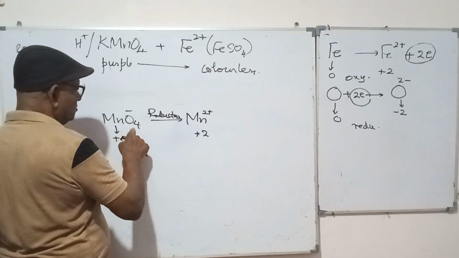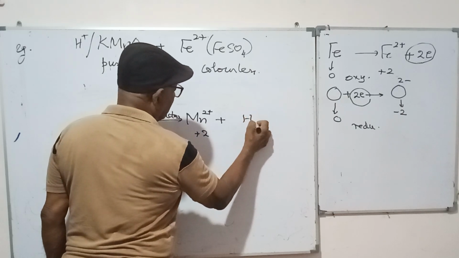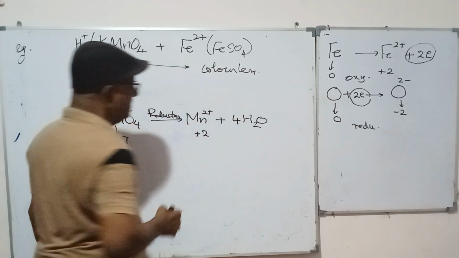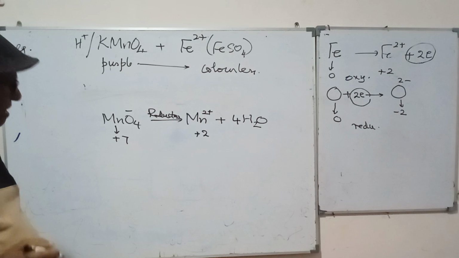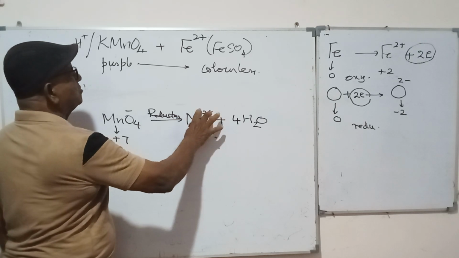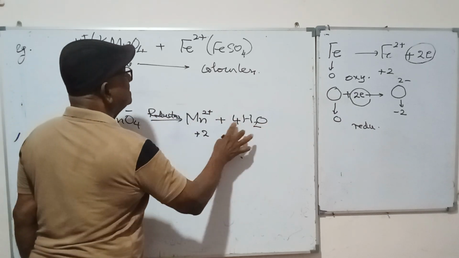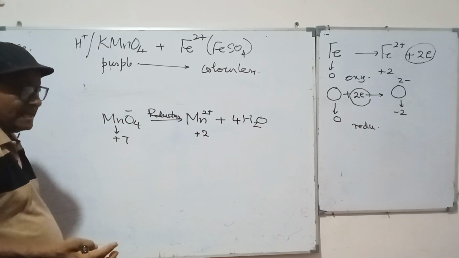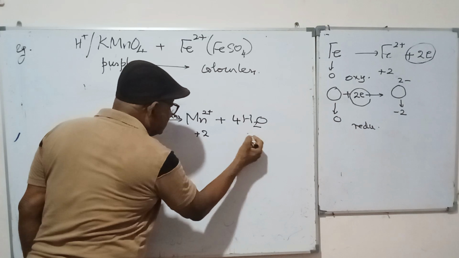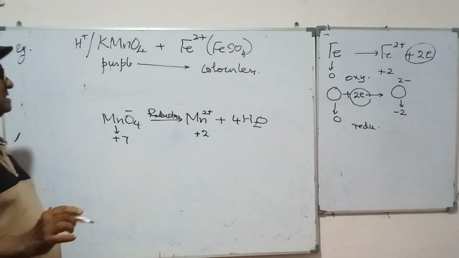Then for O4 to be balanced, how many water moles should be formed? 1 mole of H2O for each O, so 4 here. Now MnO4 minus converts to Mn2 plus and 4 water. Mn balanced, O4 balanced. During the balancing, addition of 8 hydrogen takes place.